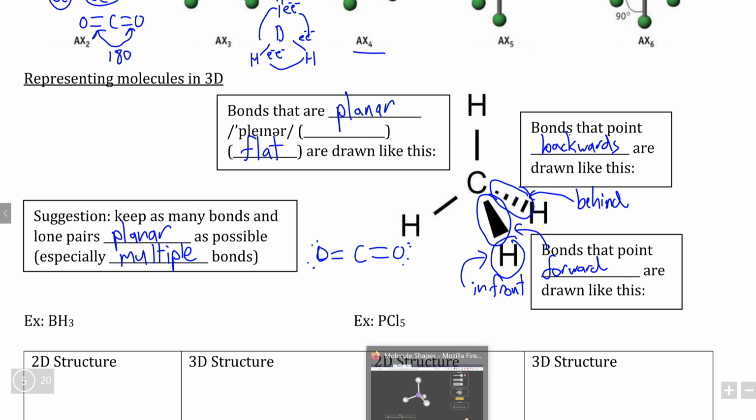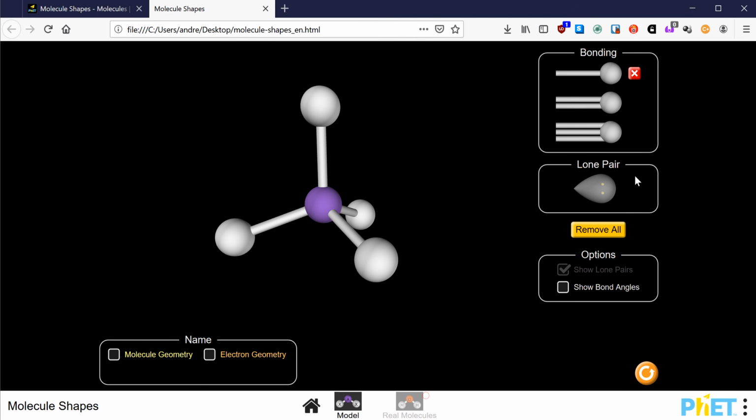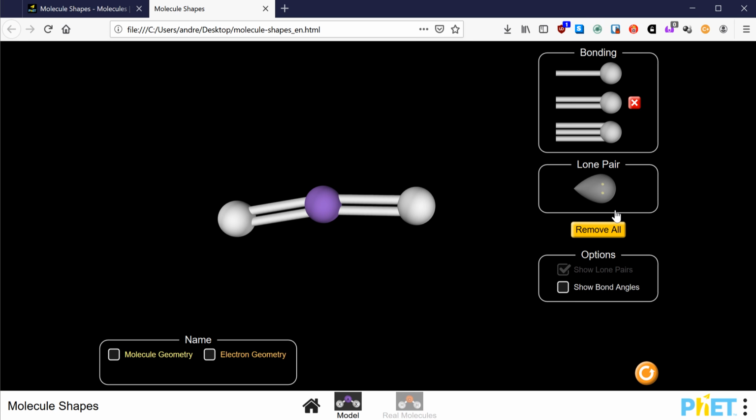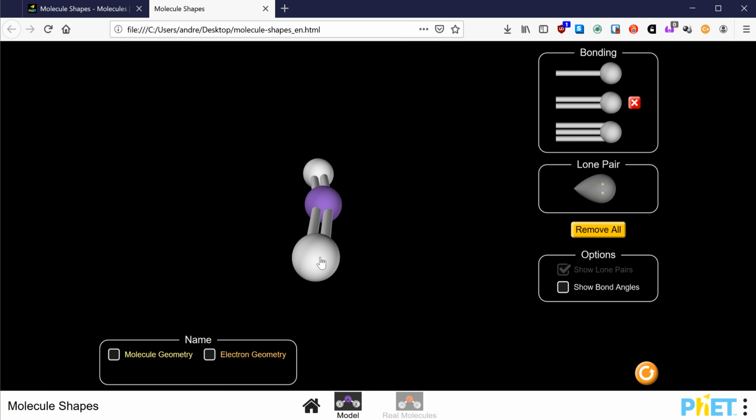Well, if we go back to our molecular shape simulator, let's look at what carbon dioxide looks like if we don't want to draw it flat like this. So, as with every AX2 molecule, carbon dioxide can be visualized completely flat like this molecule here. However, if we tilt it like this, now we can see that this double bond and the oxygen connected to it are pointing forward towards the screen, and this double bond is pointed backward behind the carbon atom.